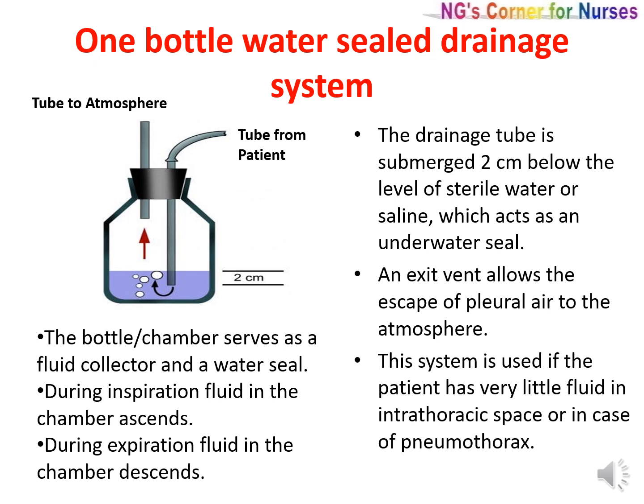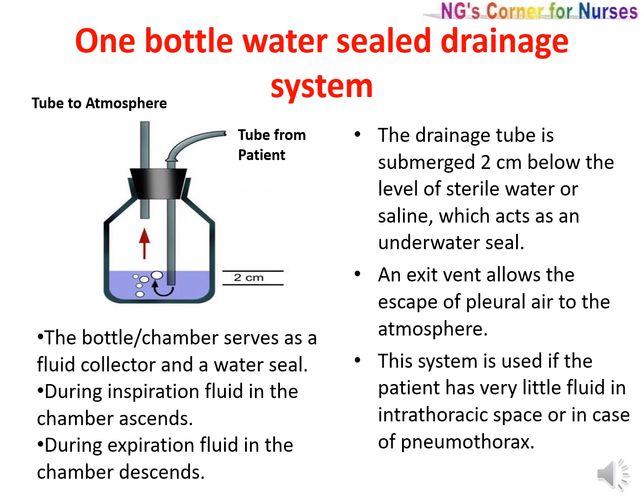We will start the types of water seal drainage system with the one bottle system. This one bottle or chamber serves as a fluid collector and a water seal. During inspiration, fluid in the chamber ascends, and during expiration, fluid in the chamber descends.